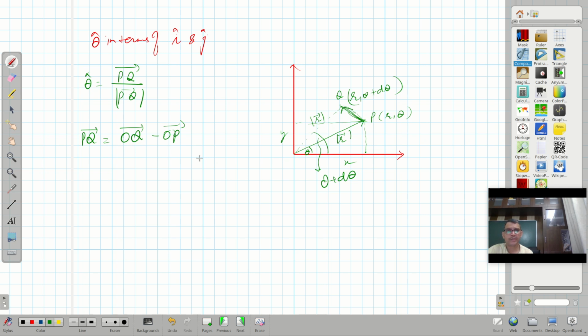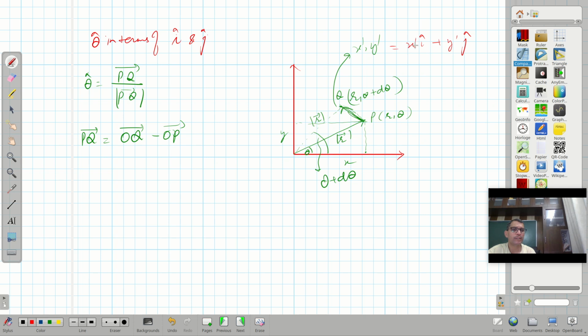In plane polar coordinates, say this point is x prime and y prime, and I can write it as x prime i cap plus y prime j cap.